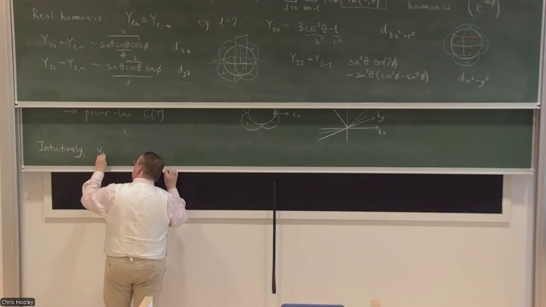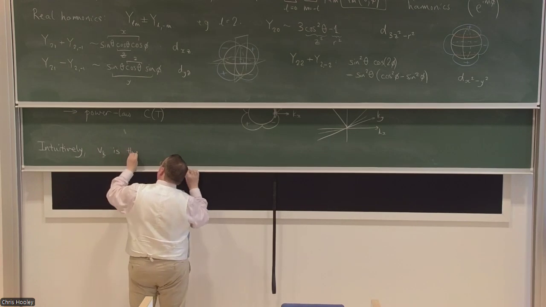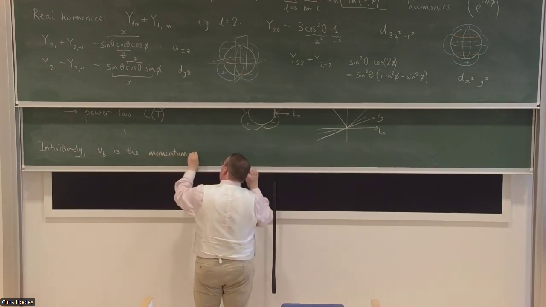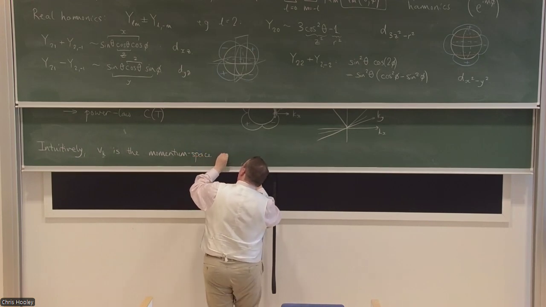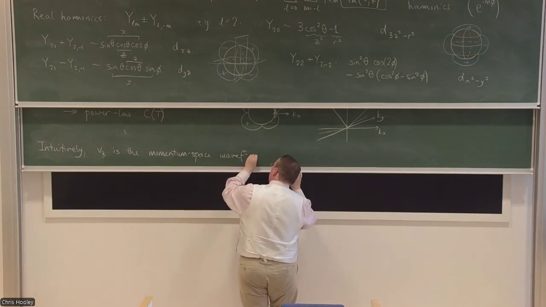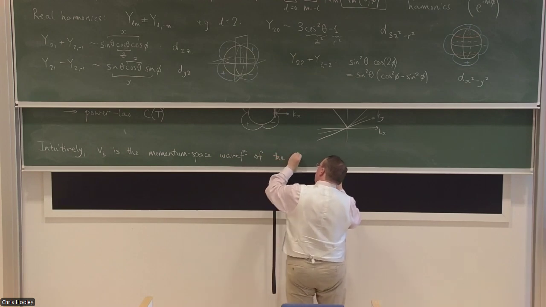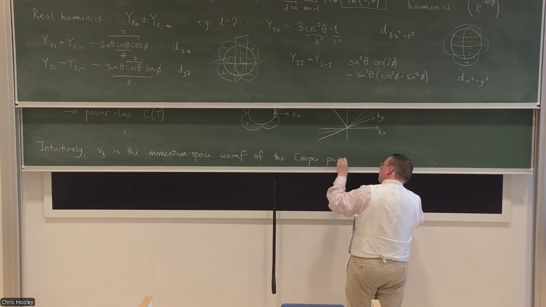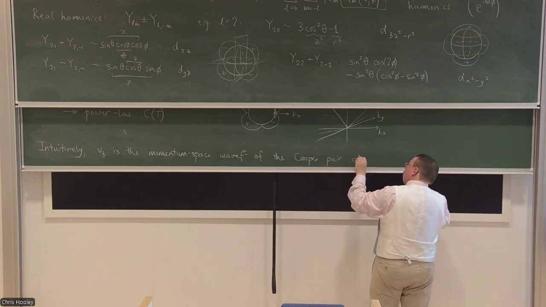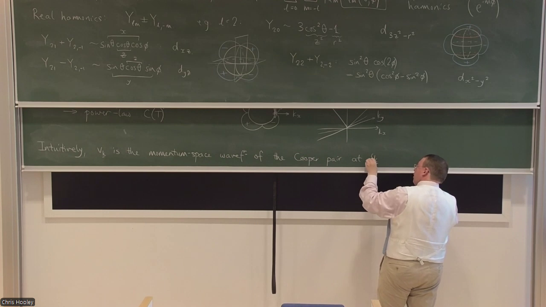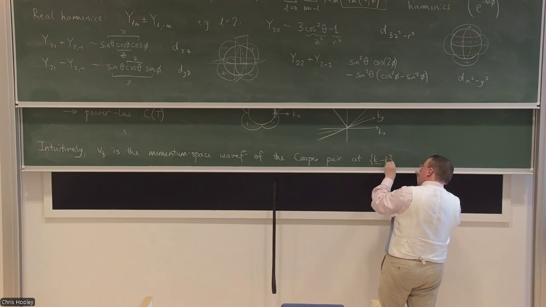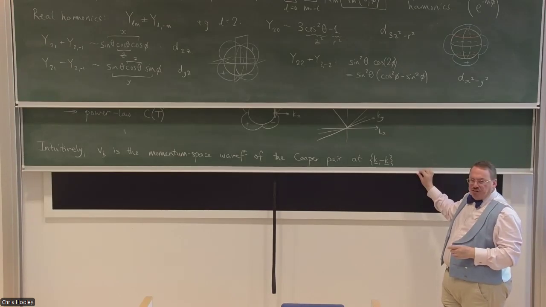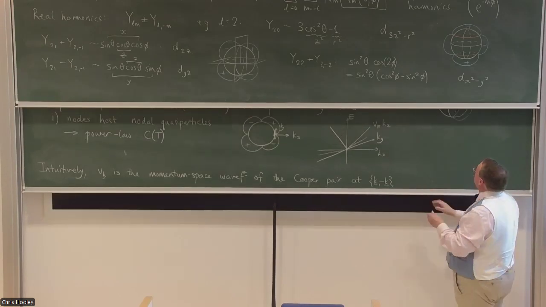Intuitively, v_k is the momentum space wave function of the Cooper pair, which is made of the fermions at k and minus k. And you can see that because of where it appears in the BCS state.